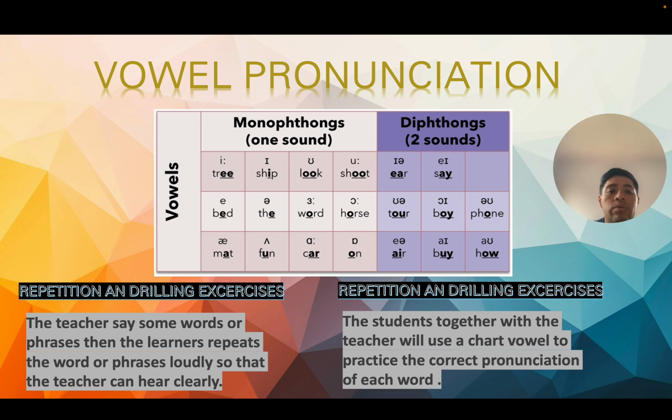The letter U in look. The letter U too in shoot. Then we're going to use the diphthongs. They have 2 sounds. We're going to say ear. So taking this chart, we're going to realize what the differences are between monophthongs and diphthongs. Obviously, we need to practice every day together with our teachers and students.